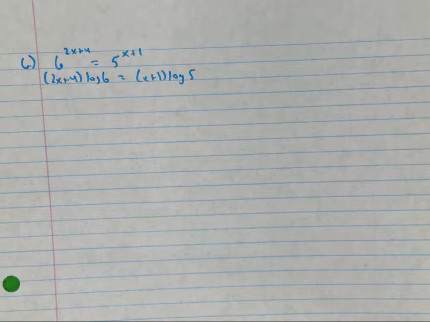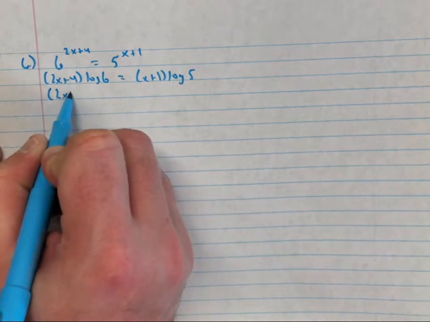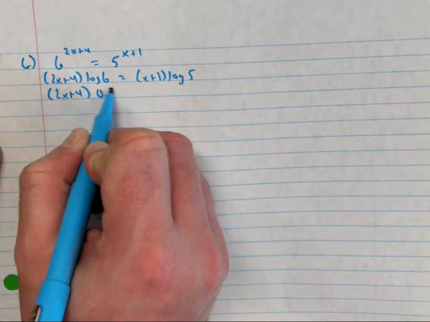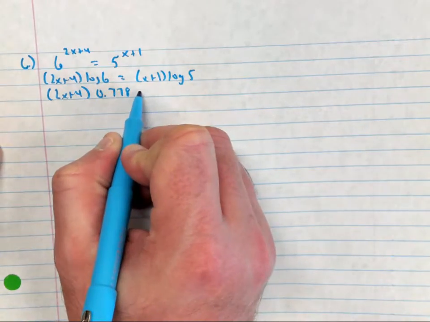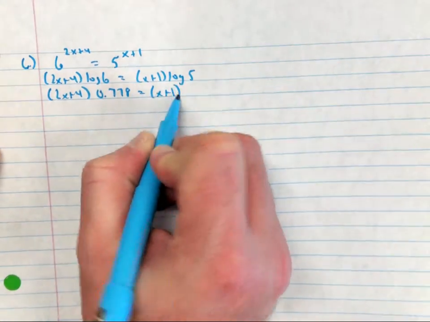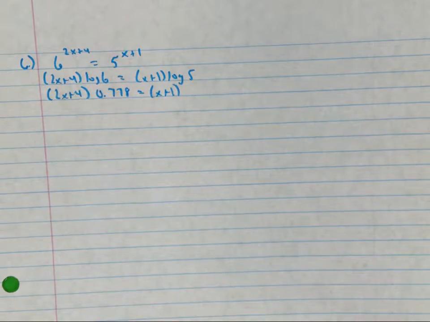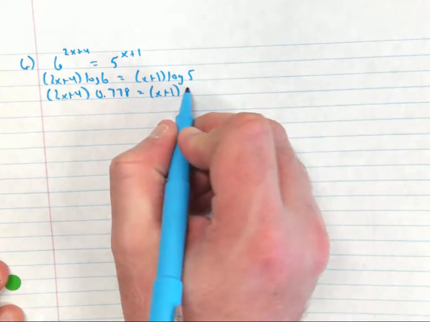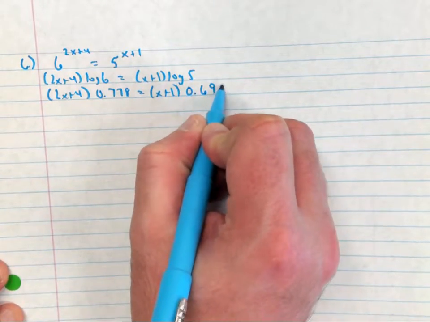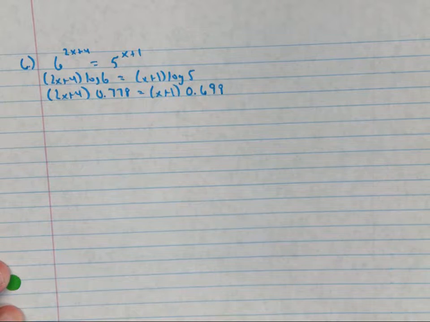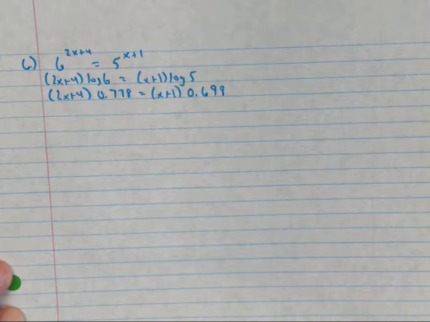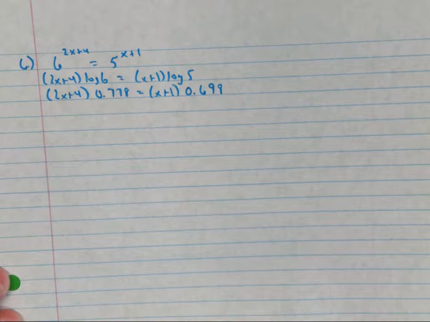I've got to find what log 6 is. 0.778. Log 5, 0.699. And then I would distribute those numbers to everything in the parentheses.